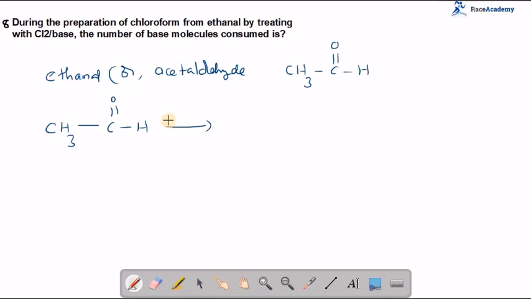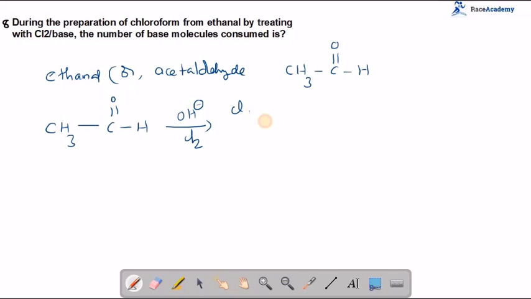First we will take the chlorination reaction, and after treating it with sodium hydroxide, OH minus and Cl2, then usually all three hydrogens here will be replaced by chlorine.